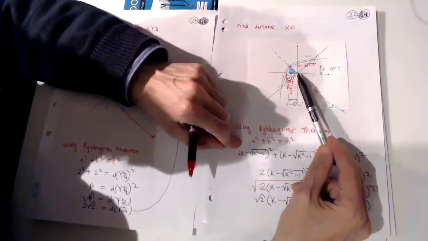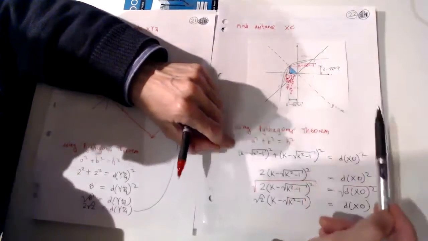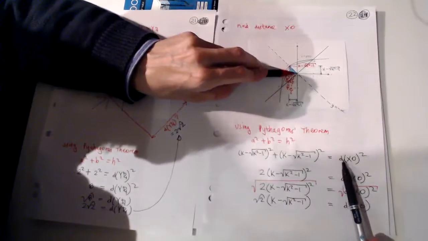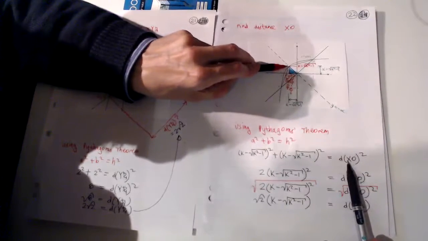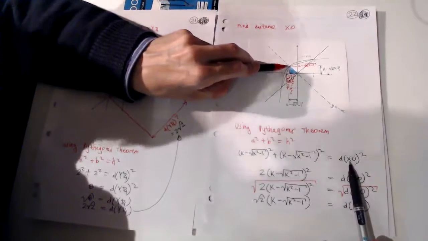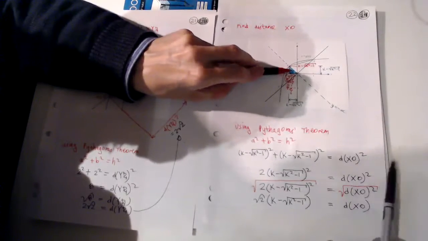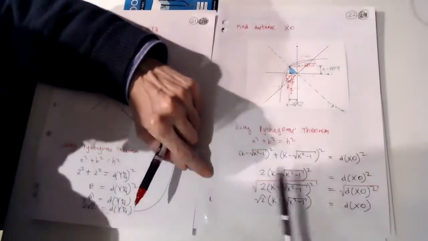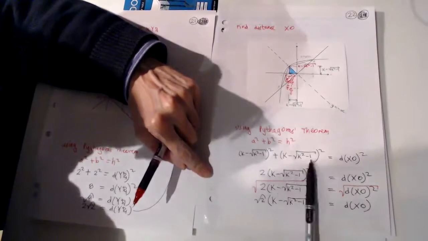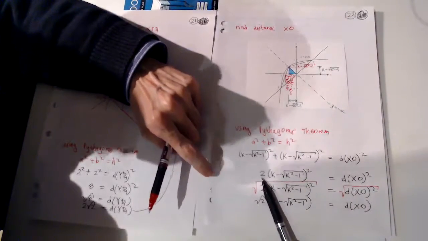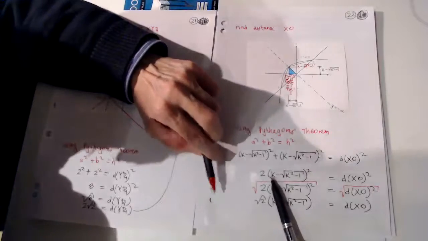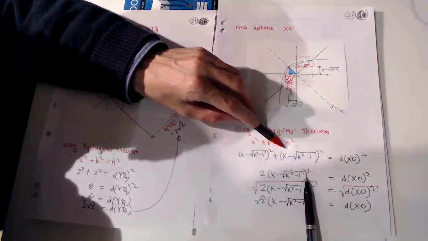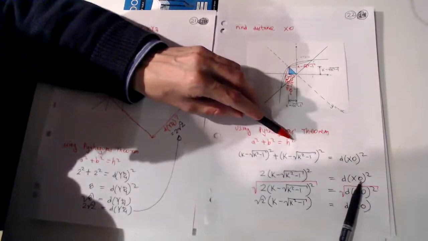So to work out the distance from here to here in terms of k, that's equal to the hypotenuse of the blue triangle, which is distance XO squared. Because the two distances are the same, you can put them together: it comes out to 2 brackets k minus square root of k squared minus 1, squared, equals distance XO squared.